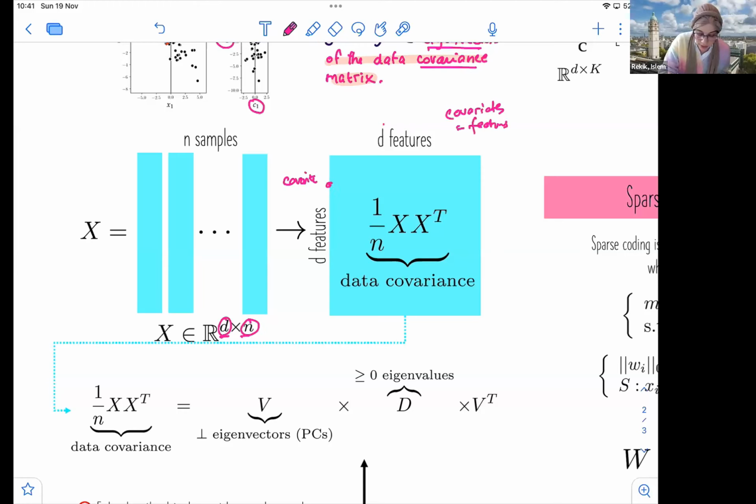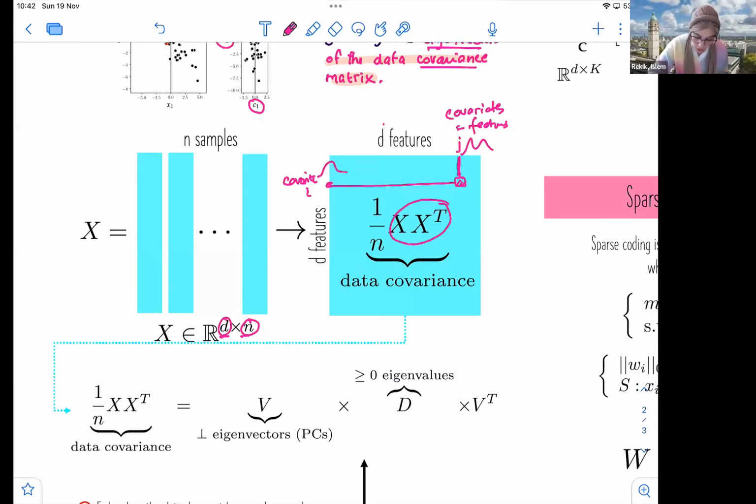So we want to know how feature I covaries in distribution across all samples with respect to feature J. We have the distribution of feature I and the distribution of feature J, and we want to see their covariance, their relationship. And this is all encoded beautifully in this compact multiplication of the matrix and its transpose. I think in lecture 3, I'll go over this in detail and explain how we calculate the covariate value inside and what it means.